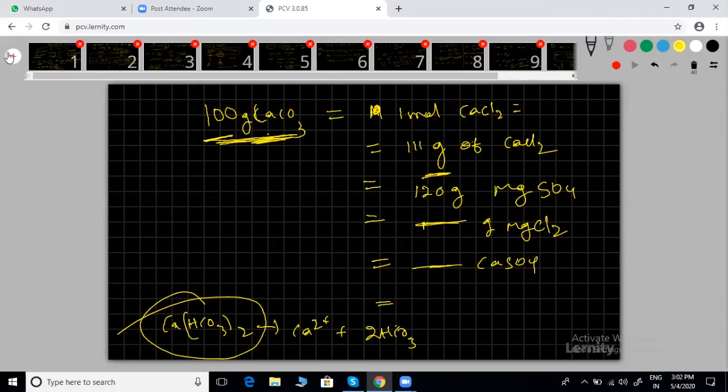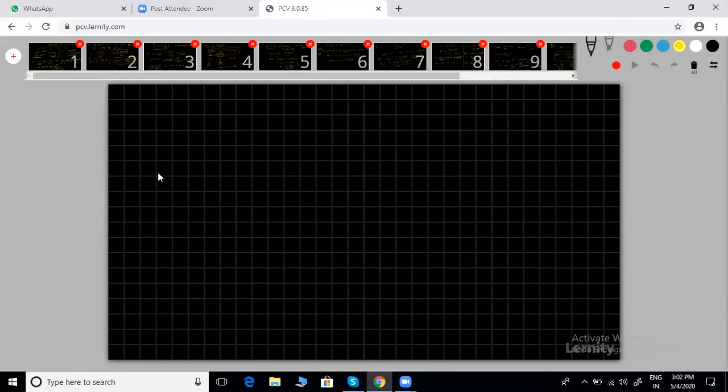We'll try one problem you may get. The question is: the hardness of a water sample in terms of equivalence of CaCO3 contains 10 power minus 3 M CaSO4. The molecular weight of CaSO4, I hope you can calculate, is 136 grams.